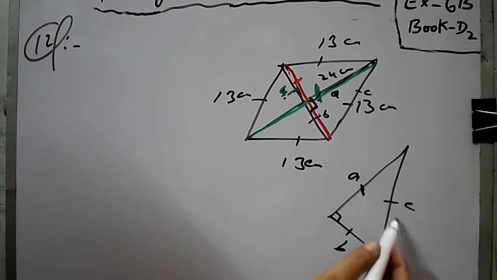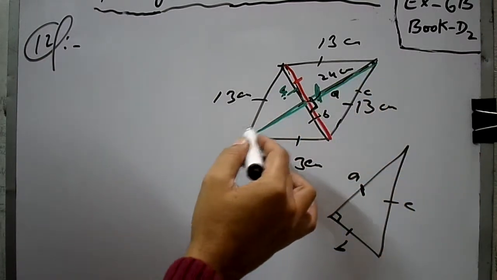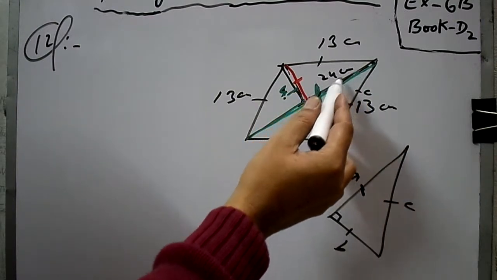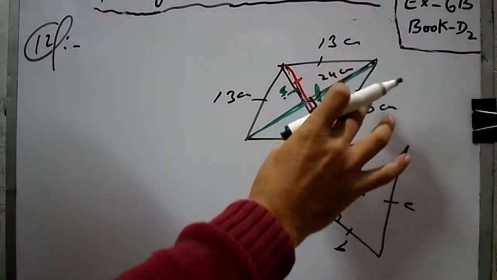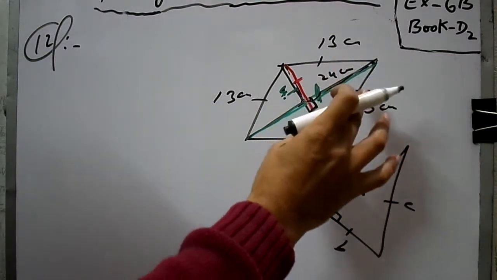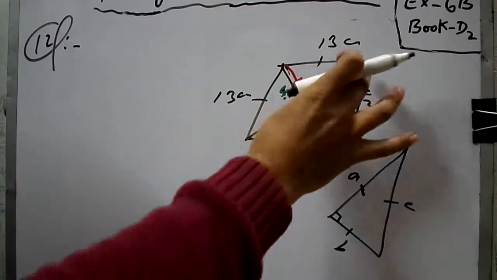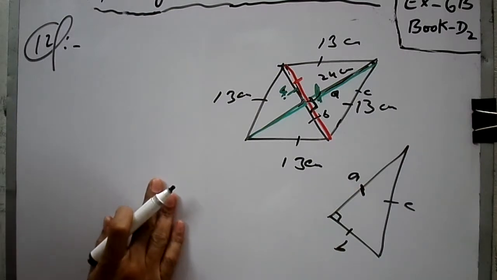So this side is 13, and the diagonal is 24, but if you take this triangle you don't have 24, you should divide by 2. So you can take this triangle out of it and calculate using Pythagoras theorem.